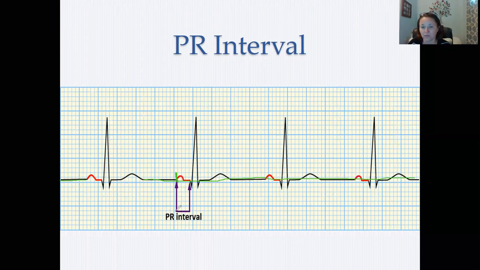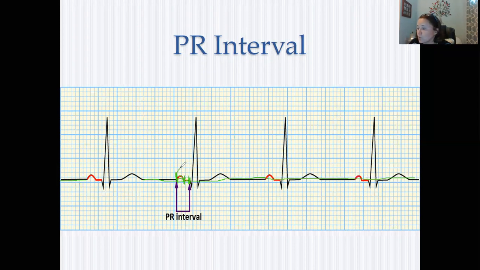So that PR interval, remember, what is it representing? If you don't know, I would encourage you to pause it and think for a minute. It is going to be that SA node firing off and atrial contraction. The P wave is atrial contraction, and the interval between the P wave and the QRS complex is the amount of time that the AV node is holding on to it.